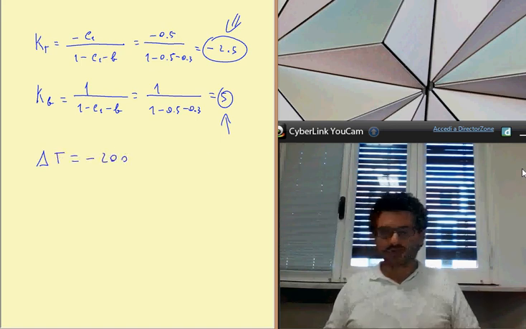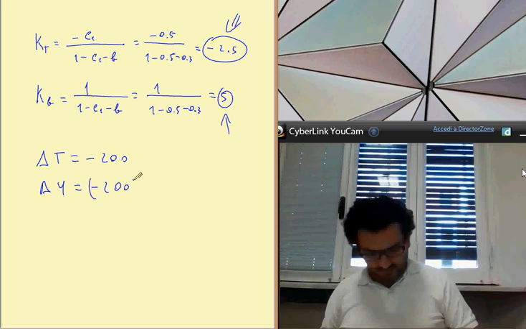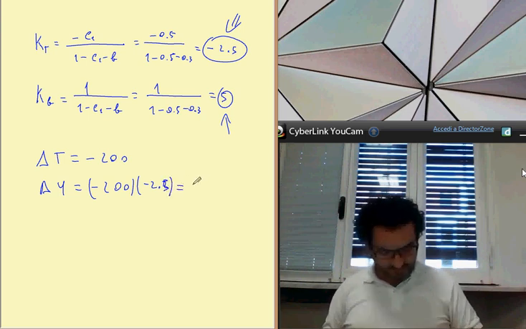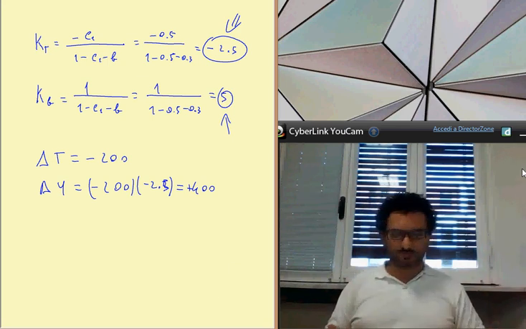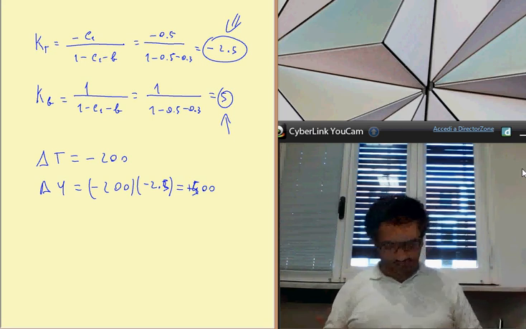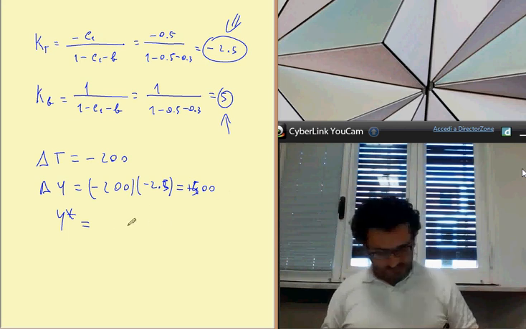The effect is that income will change according to the change in taxes multiplied by the multiplier, which is minus 2.5, so 200 with a negative sign times minus 2.5 gives 500. An increase in equilibrium income, which will be Y star equal to 7000 with respect to the initial case.